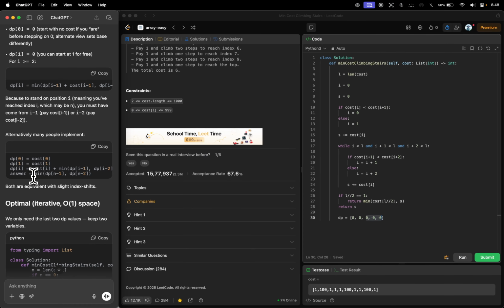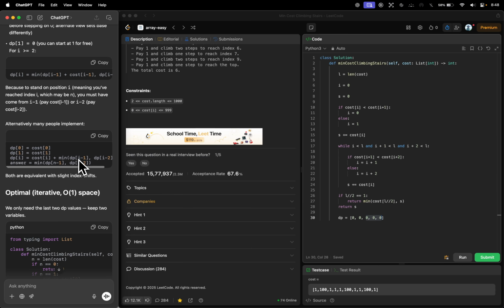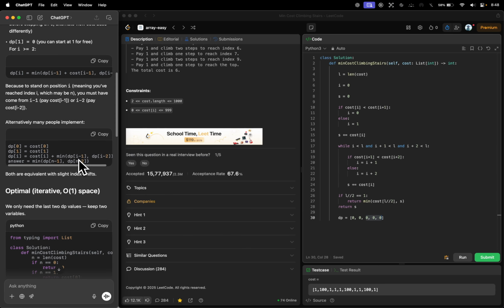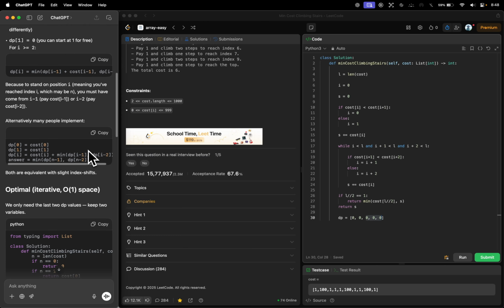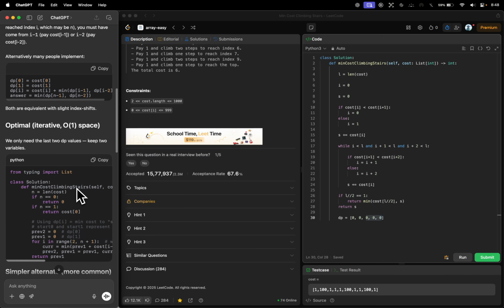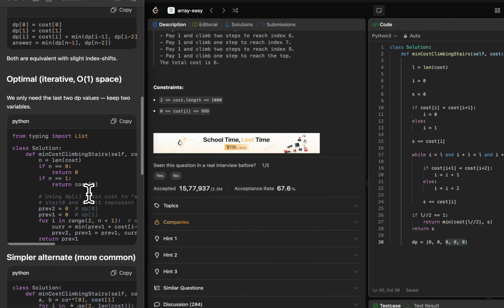Okay, so the answer is equal to the minimum of dp n minus 1 and n minus 2. Okay, I don't know what this is. Optimal iterative order of one space.